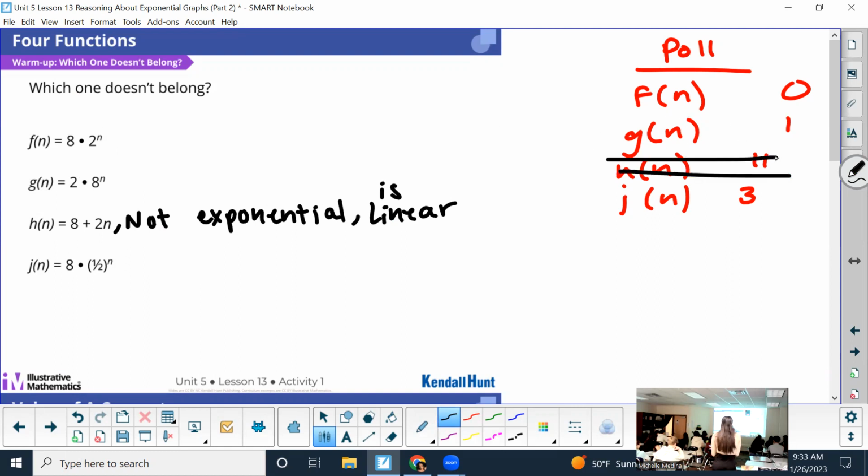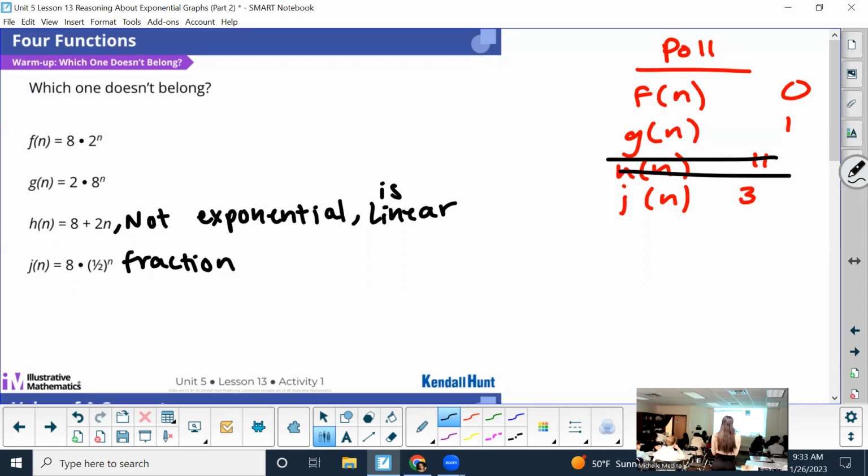Someone give me a reason why J of N doesn't belong. Because it's 1/2. What does that do to the graph? So all the other ones don't have a fraction. That's true.